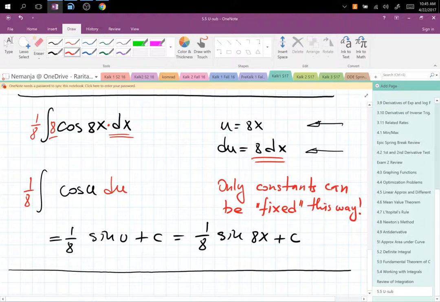I don't want any issues with you coming up with x and then 1 over x in front. That would be terribly wrong. You can only fix numbers this way, constants. Because constants are free to go in and out of the integral. X's are not.